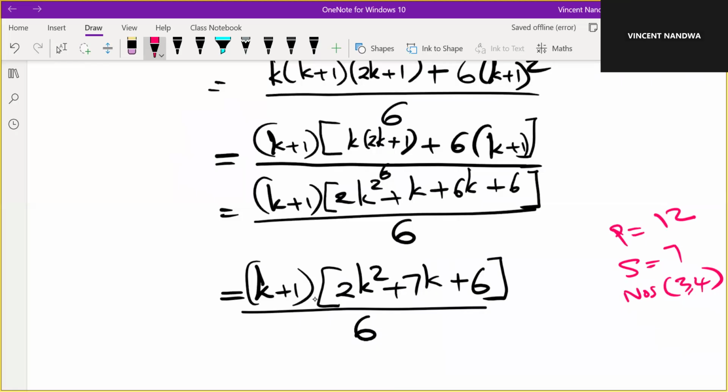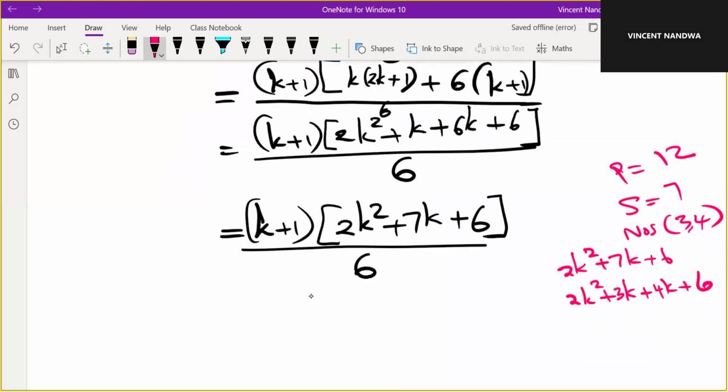So this means the expression 2k squared plus 7k plus 6 is the same as 2k squared plus 3k plus 4k plus 6. Now, common in the first two is k, so k into 2k plus 3.